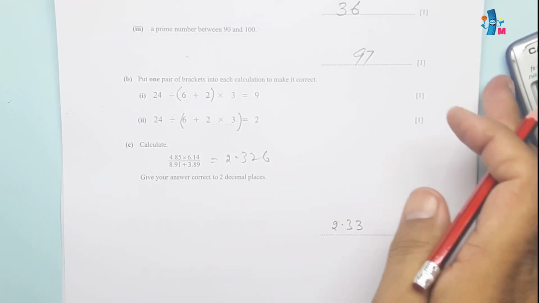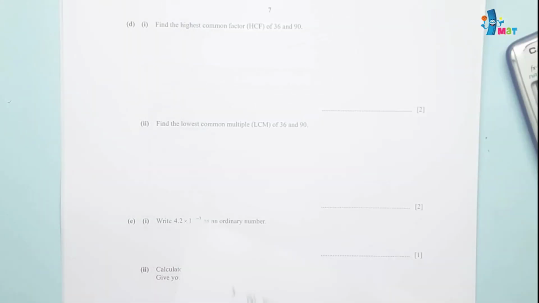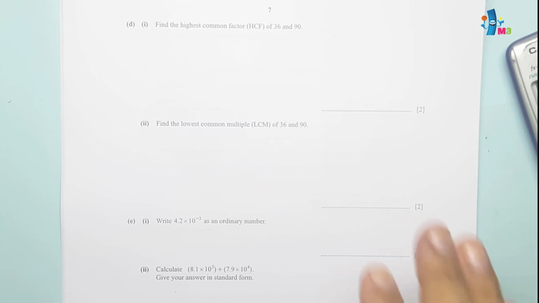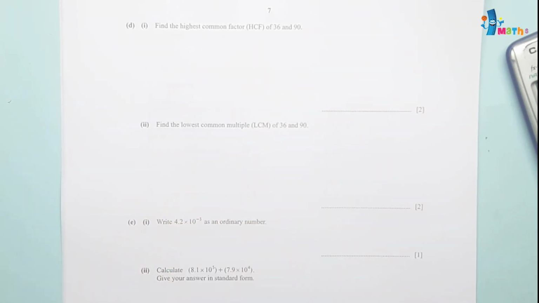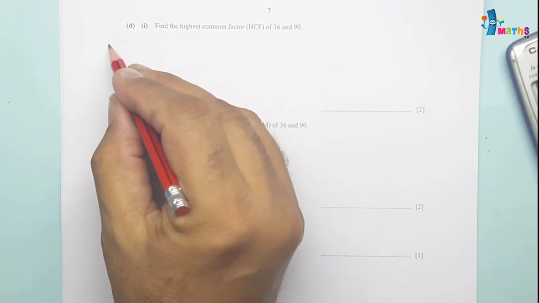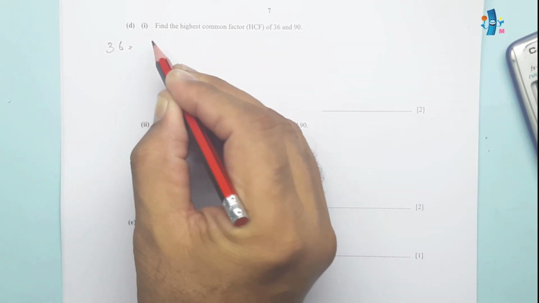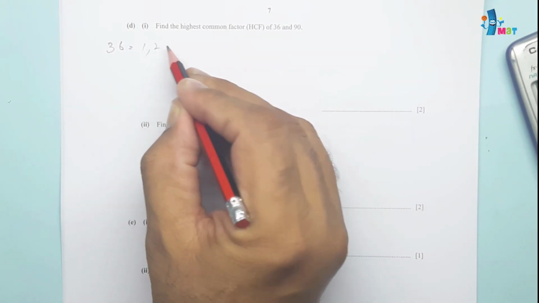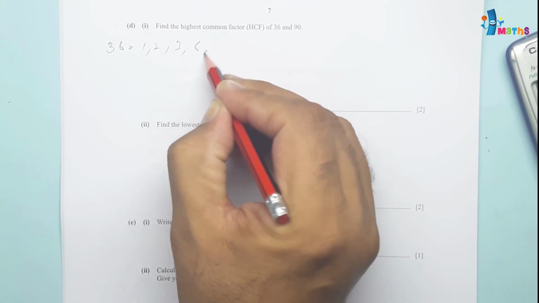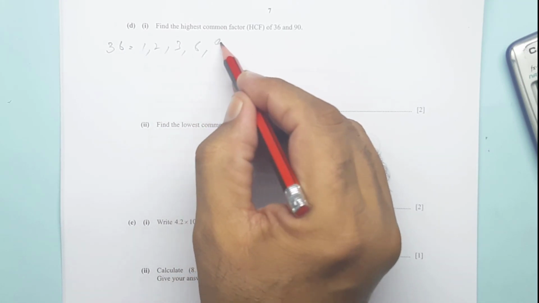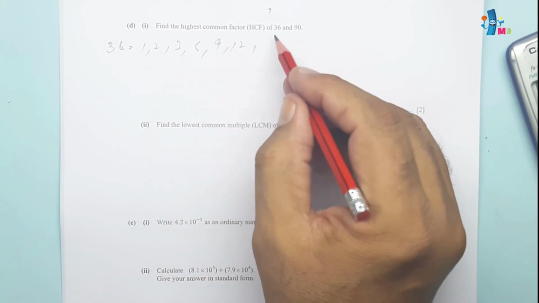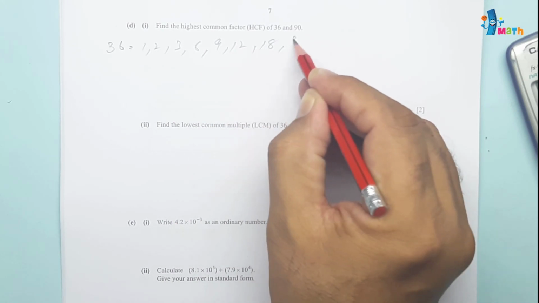Okay, good. Then here comes part D. Find the highest common factor of 36 and 90. The factors of 36 are 1, 2, 3, 6, 9, 12, 18, and 36.